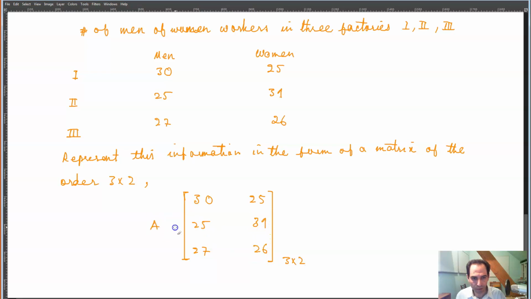And you give it some name as well. Now, the entry in the 3rd row and the 2nd column represents the number of women workers in the 3rd factory, or the entry in the 3rd row, 1st column represents the number of men workers in the 3rd factory, and so on and so forth, right?